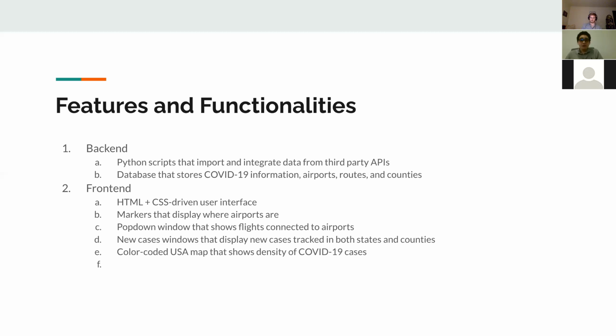We use various JavaScript libraries along with HTML and CSS to create a map of the United States that has custom markers placed on every airport. In addition, it provides filters, search functionalities, and even shows a list of connecting ingoing and outgoing flights, as well as appropriate COVID data with those places, to help users make the best informed decision possible.